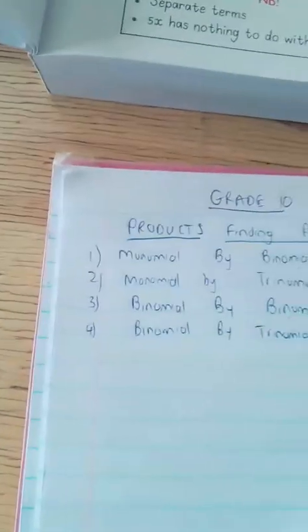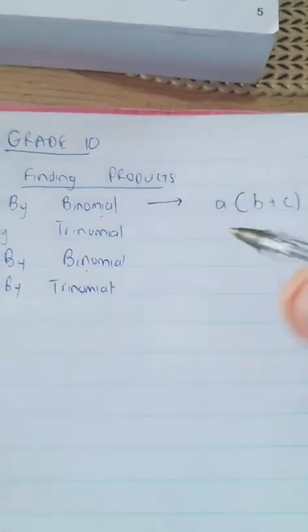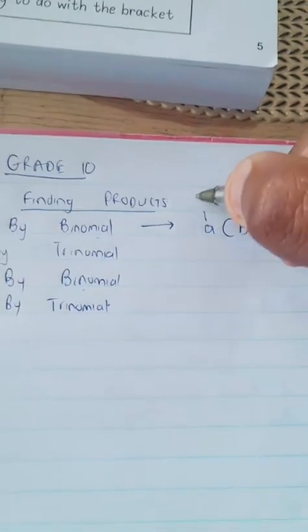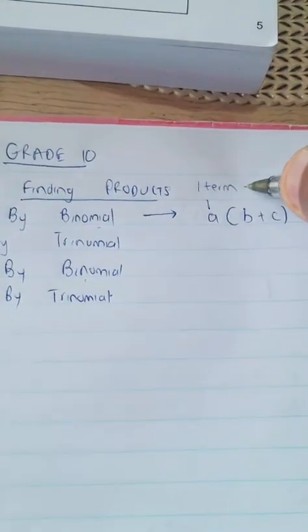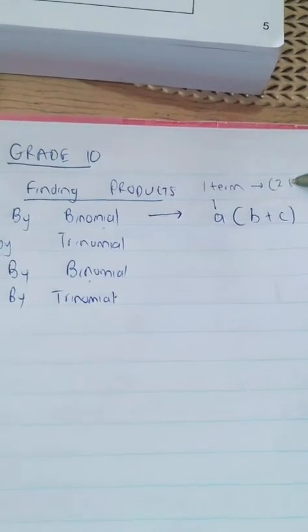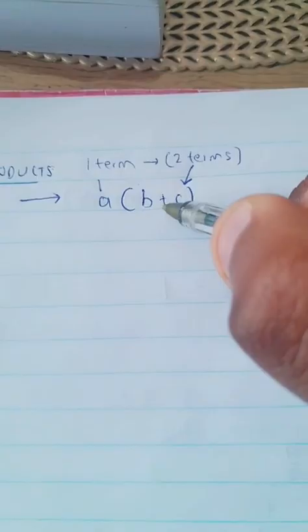Maybe just to give you an example, monomial by a binomial is generally when you have one term multiplied by two terms. This would be monomial, one term, and inside the bracket we have a binomial, that's two terms.